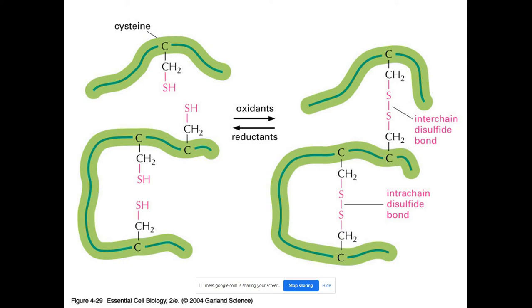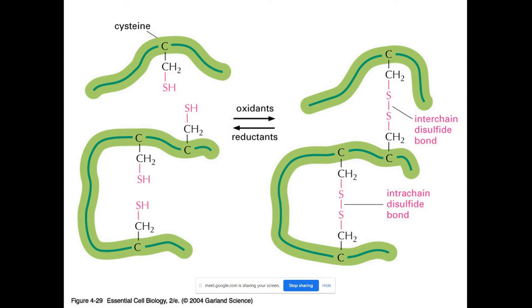In the bottom panel you can see disulfide bond formation within the same polypeptide chain, that is called intrachain disulfide bond. What is a disulfide bond? This bond formation occurs when two cysteine residues interact with each other. Now is it clear to you? Do you have any question here?